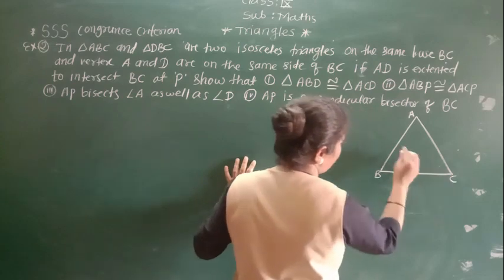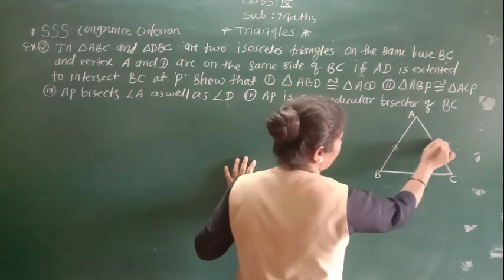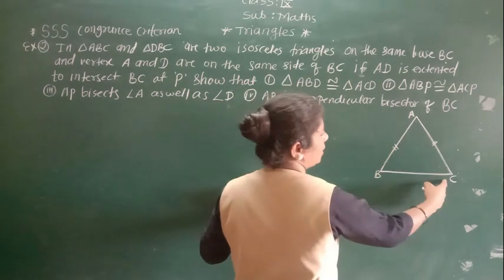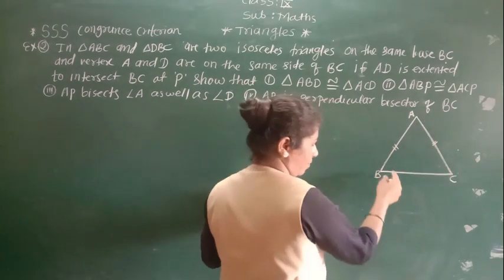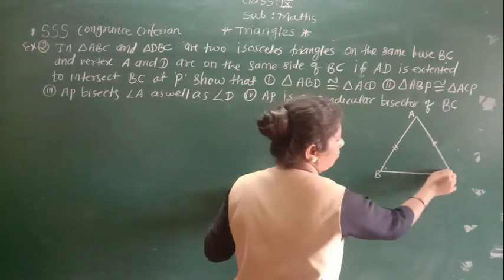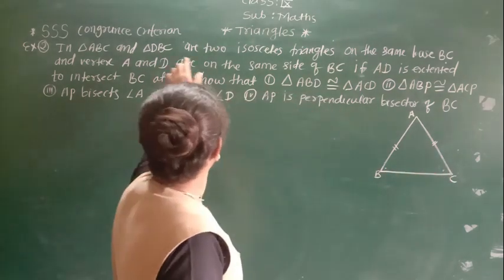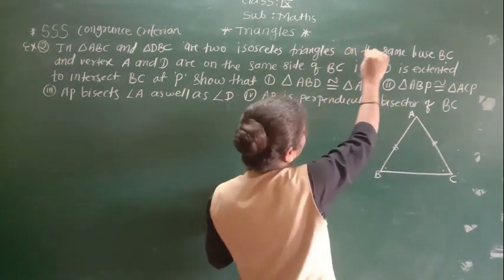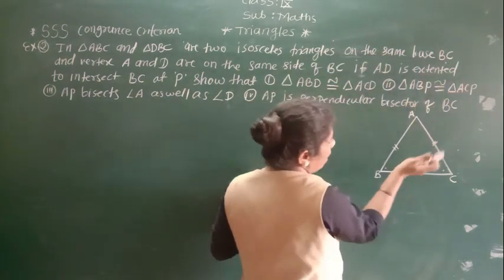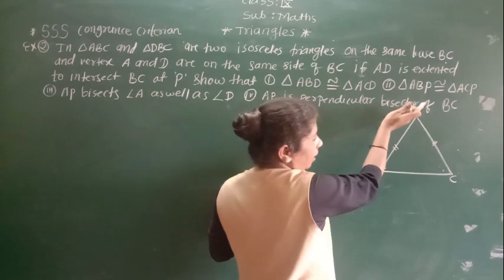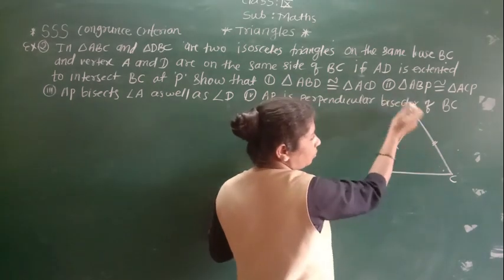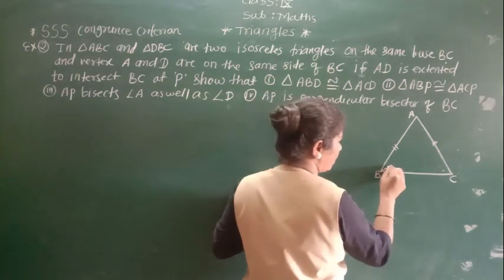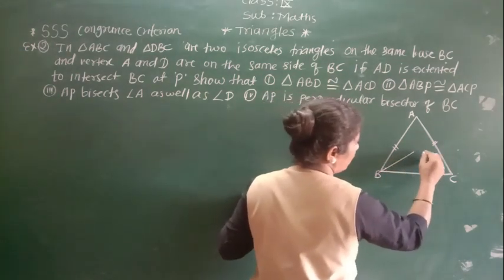This is an isosceles triangle, which means AB equals AC, and of course angle ABC equals angle ACB. These angles will be the same. And the other triangle is DBC, on the same side of BC. If triangle ABC is on the upside, then we have to draw the triangle DBC here only. So I will draw this triangle DBC like this.